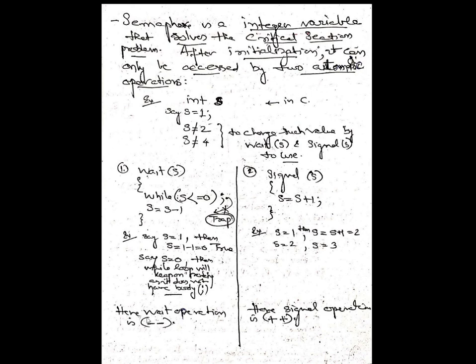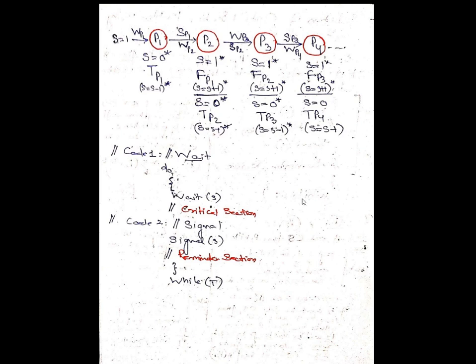Now here the wait operation is given as a negative, that is, it is reducing the value, and the signal operation is for an additional value, it is increasing the value. To understand this wait and signal, I have another pictorial representation. Let's understand this one. Now let us take four processes, P1, P2, P3, P4.